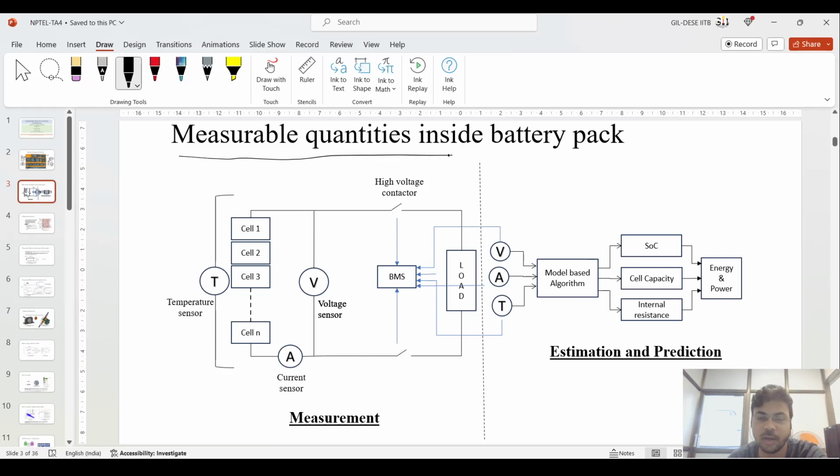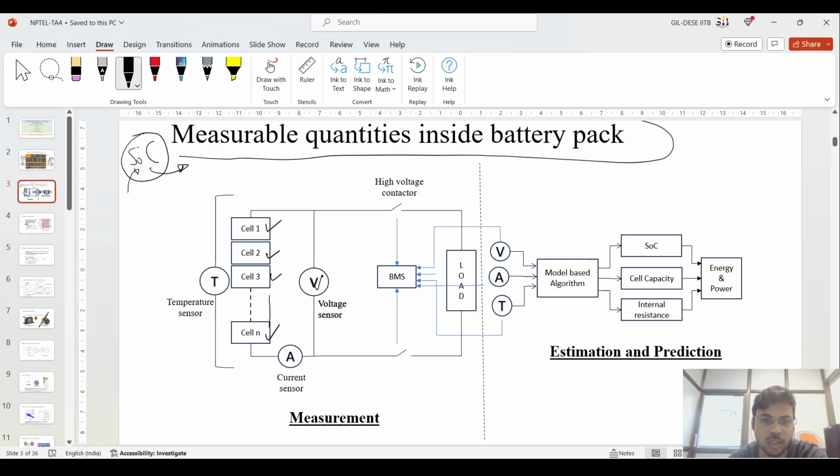So let's focus on what kind of systems are actually inside this battery pack. I have given these slides of what things can be measured inside the battery pack. You cannot measure everything. You don't have any sensor for direct SOC measurement, so you need a certain mechanism to predict and calculate the SOC, which you can use further.